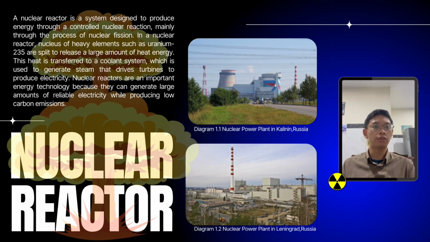This heat energy is transferred to a coolant system, which is used to generate steam that drives turbines to produce electricity. Nuclear reactors are an important energy technology because they can generate large amounts of reliable energy while producing low carbon emission.